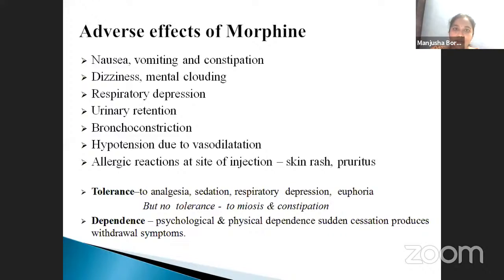Repeated and long-duration administration may cause tolerance to effects like analgesia, sedation, respiratory depression, and euphoria, but not to side effects like miosis or constipation. Morphine also produces psychological and physiological dependence, and sudden cessation produces withdrawal symptoms.